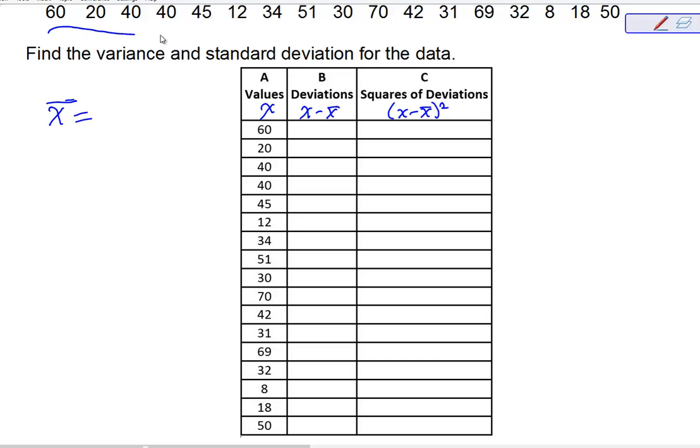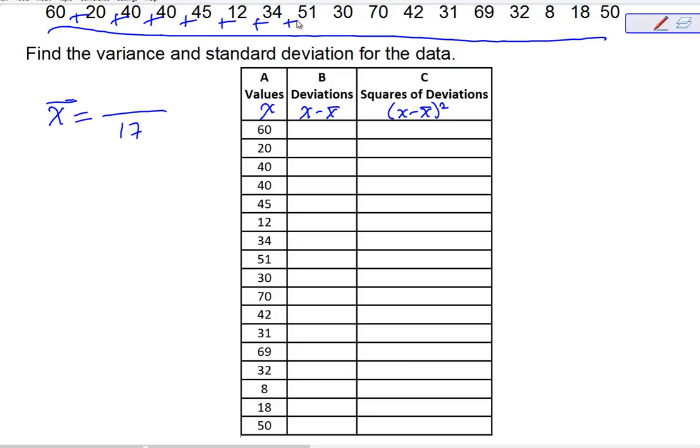So I need to add up all of these and divide by how many there are. Well, I already know that there's going to be 17 because it tells me that. When I add each of these up, that is going to give me 652.